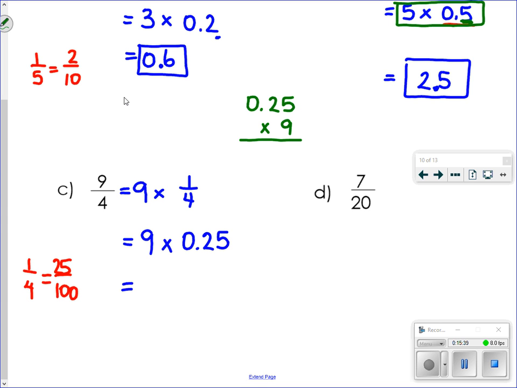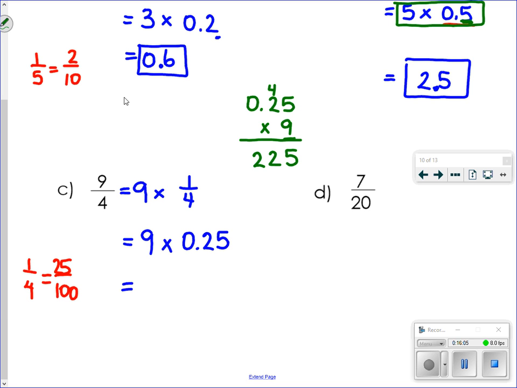Doesn't matter. In this case, I'm writing it with the 0.25 first and the 9 second, because then I only have to multiply all these digits by one number, the 9. Okay? So 9 times 5, 45, carry the 4. 9 times 2, 18, plus 4, 19, 20, 21, 22.